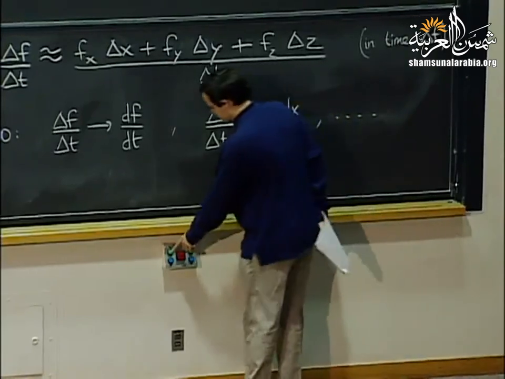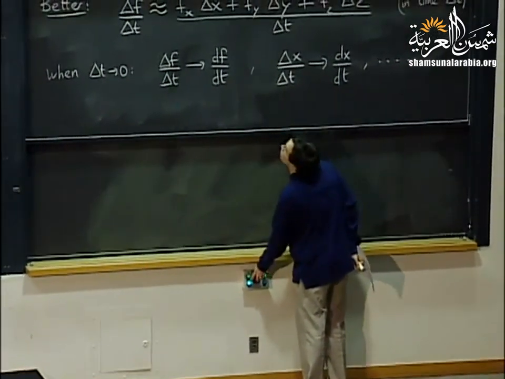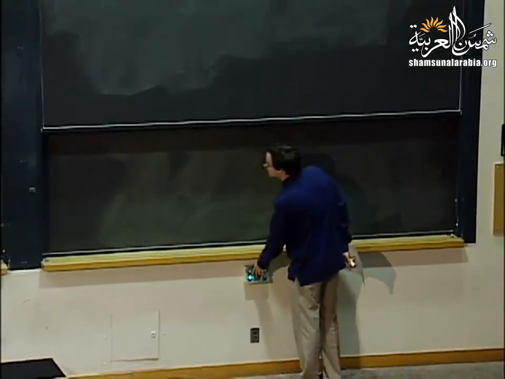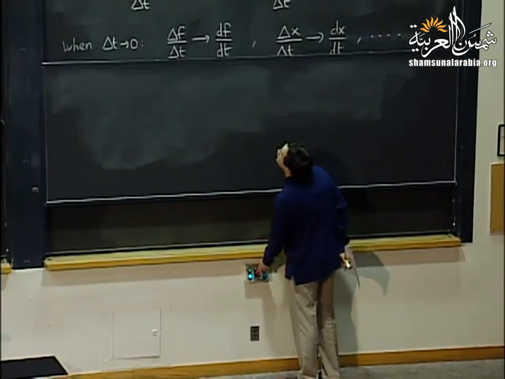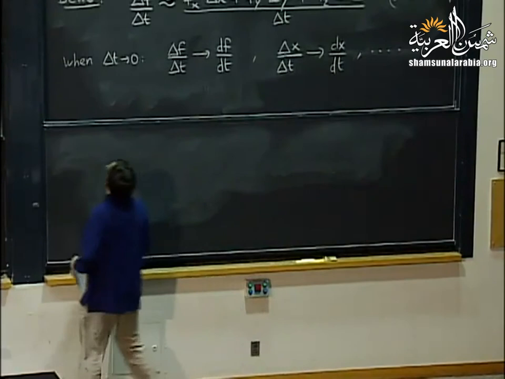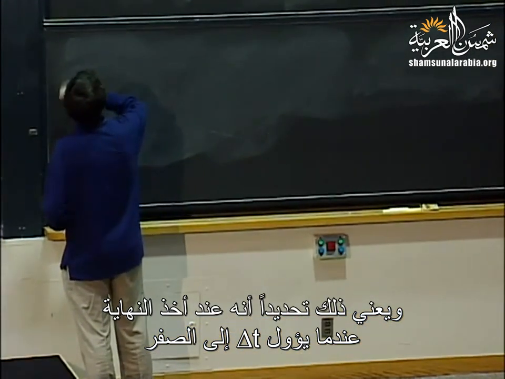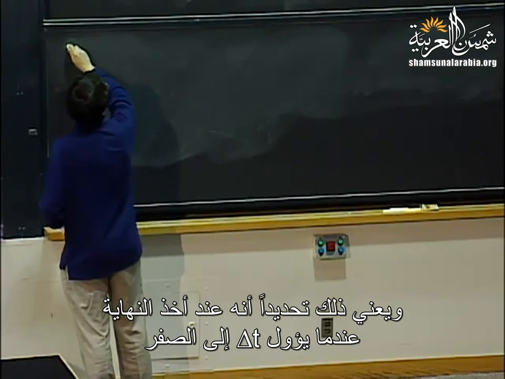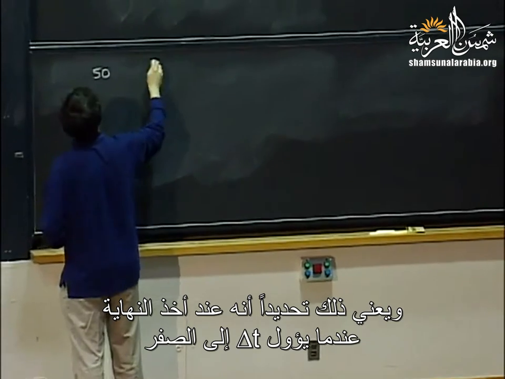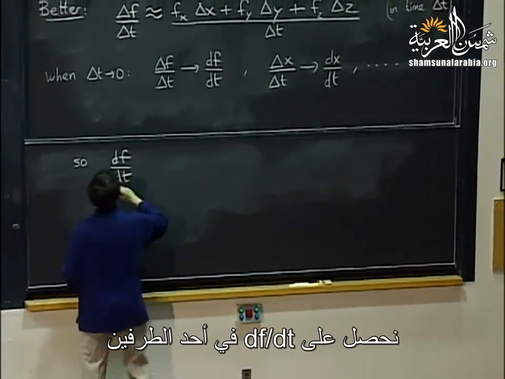So if we take the limit as delta t tends to 0, we get df dt on one side.